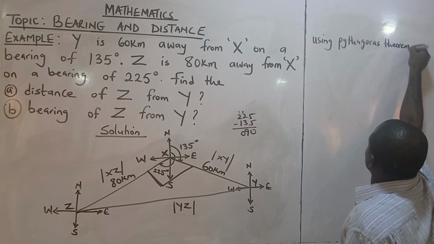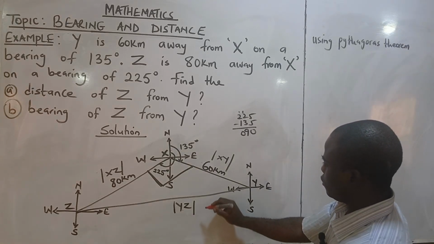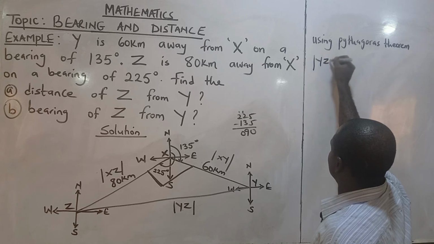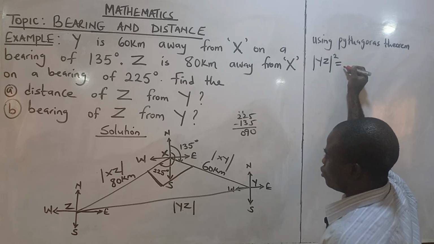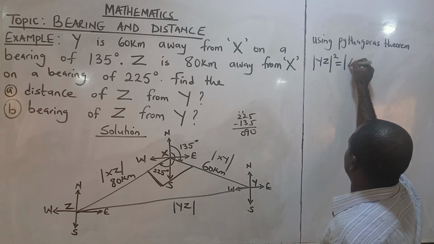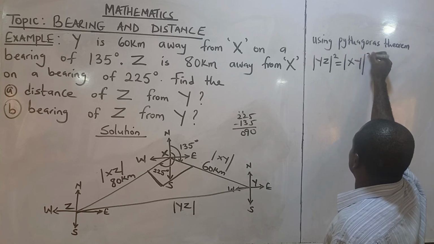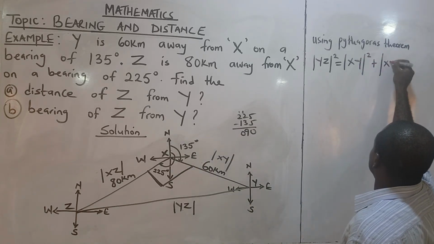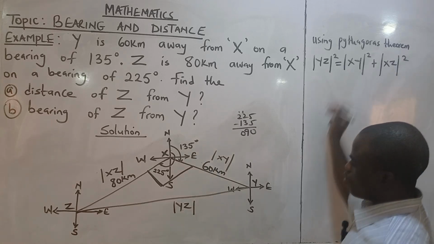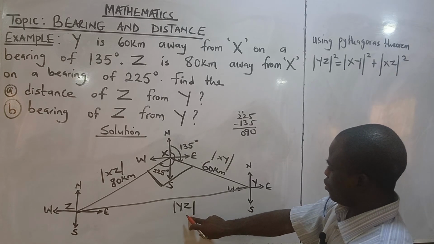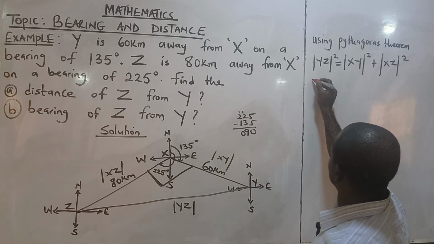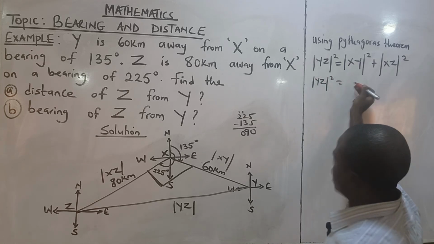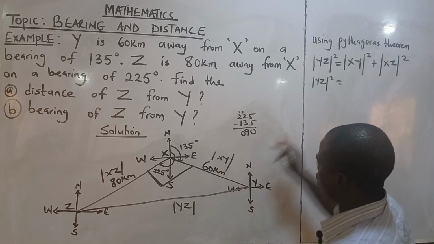You now say line yz, the longest one, squared equals line xy squared plus line xz squared. What's line xy?